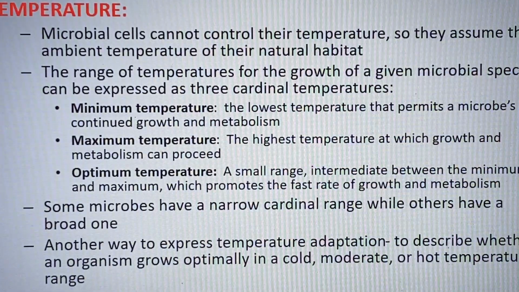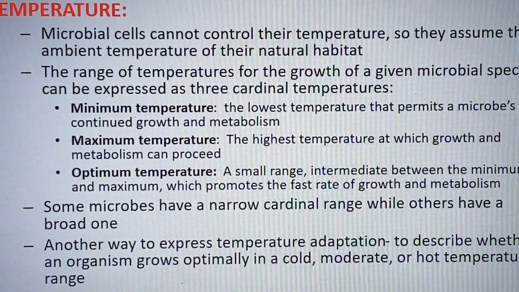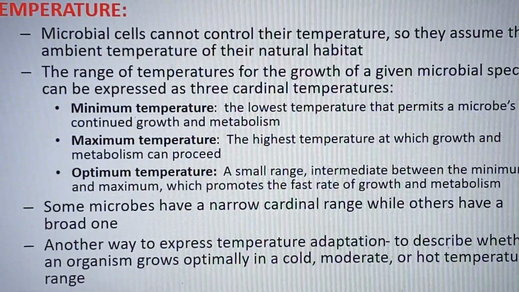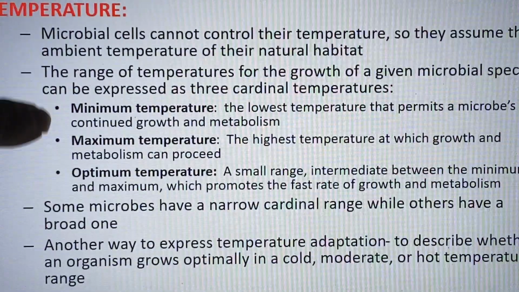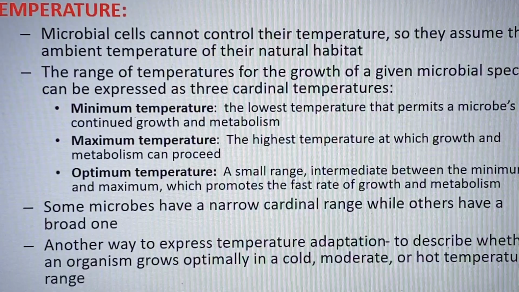And then if you exceed that temperature, then all bets are off. You're going to have proteins being denatured and the bacteria is going to die. And then finally, we have the optimum temperature. So like this is Papa Bear, this is Mama Bear, and this is Baby Bear, where everything is just right.